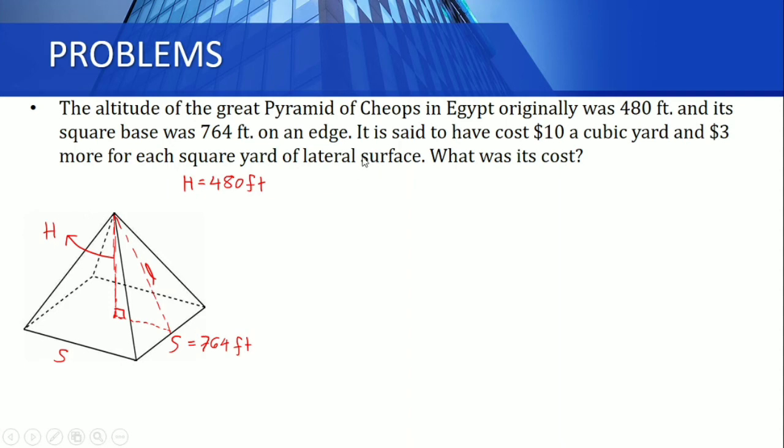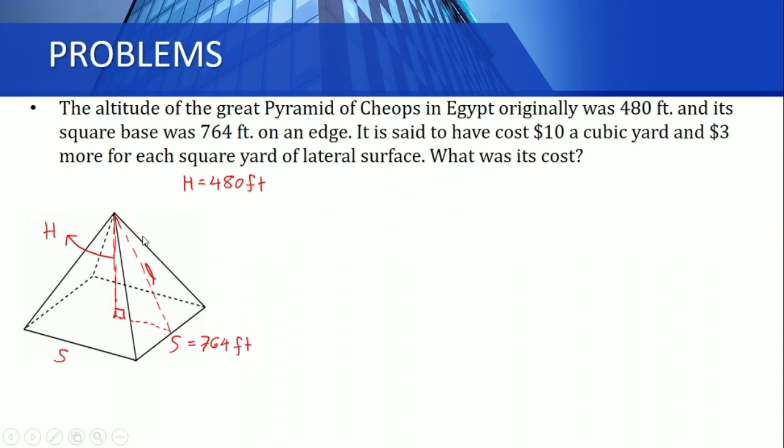And sabi niya, it is said to have cost $10 a cubic yard and 3 more dollars for each square yard of lateral surface. So kunin natin yung volume niya and at the same time kunin din natin yung lateral surface area niya para makuha natin kung magkano siya or what was its cost.